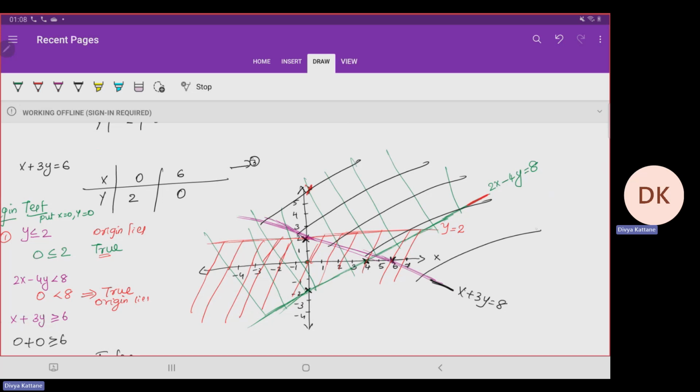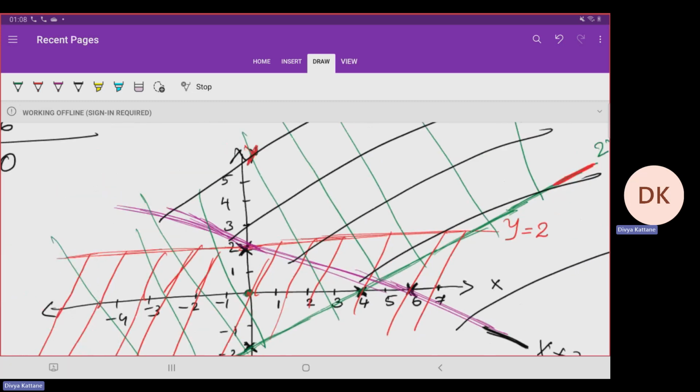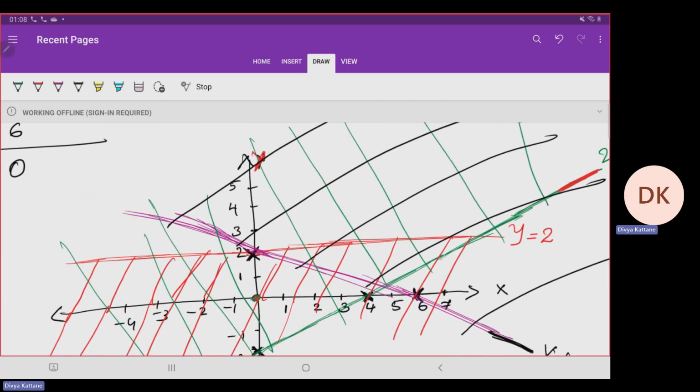So check where all of them meet together. Look, all of them meet together inside here. All the colors are here: black, red and green. So all of them meet together inside this region.